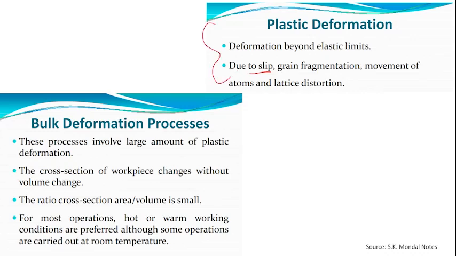Bulk deformation processes involve a large amount of plastic deformation, and your cross section will change without changing the volume. The ratio of cross section area to volume is small. For most operations, hot or warm working conditions are preferred, although some operations are carried out at room temperature.